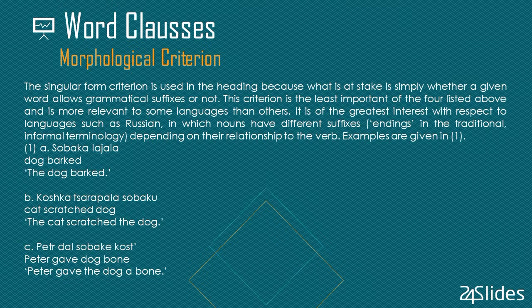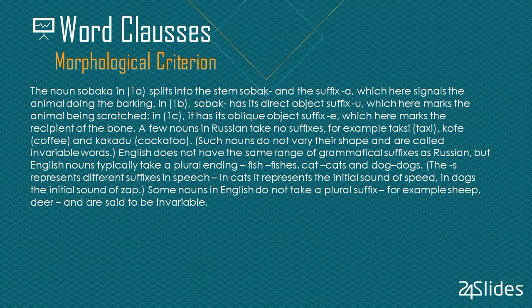Examples are given in 1a: Sobaka layala, dog barked, the dog barked. 1b: Koshka narisovala sobaku, cat sketched dog, the cat sketched the dog. And 1c: Peter dal sobake kost, Peter gave dog bone, Peter gave the dog a bone. The noun sobaka in 1a splits into the stem sobak and the suffix a, which here signals the animal doing the barking.